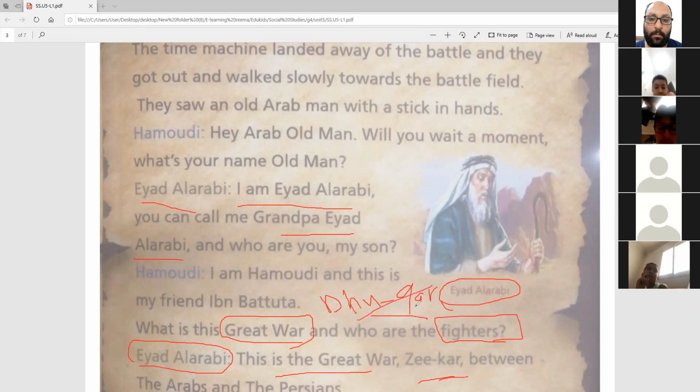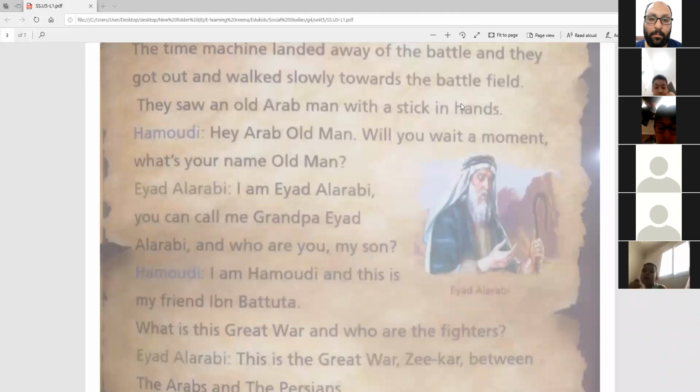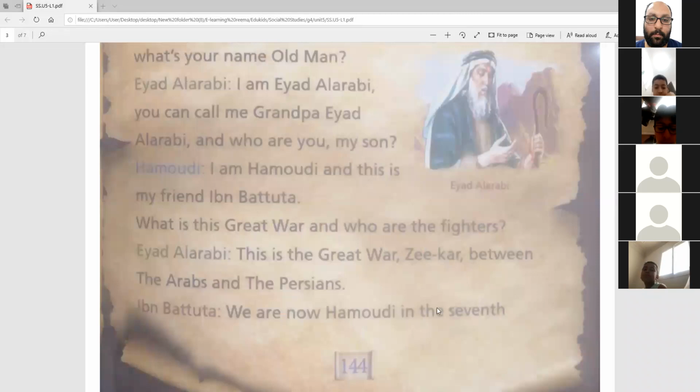If you search for Zukar or Zikar, it will give you the same material. So the two fighters here are the Arabs and the Persians.